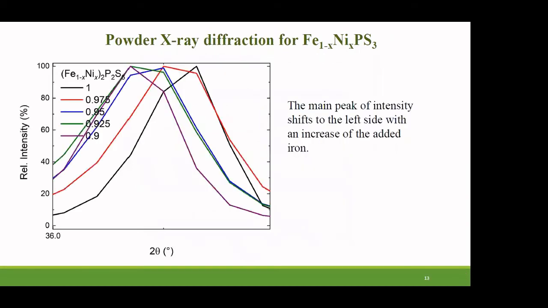Here is shown the zoomed result for the main peak of intensity, because we want to figure out what happens if we add the iron. And as you can see, when we add more and more iron, our peak of intensity shifts to the left side.